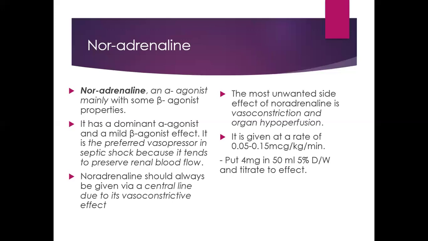It is better you put 4 ampoules of your noradrenaline, 4 milligram, in 46 mL of 5% dextrose, and you titrate to effect if you are using syringe drivers or syringe pumps in the ICU. Otherwise, you can constitute it in 500 or 250 mL of your dextrose or normal saline, and you titrate it according to your calculated dose.